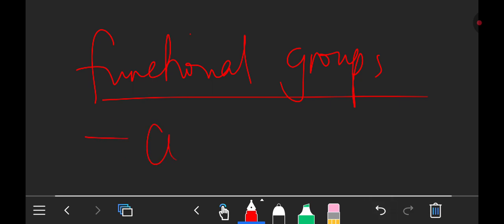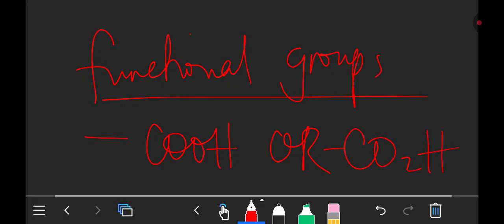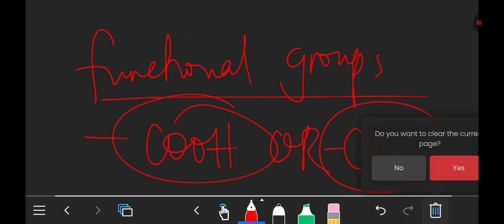It is just COOH. So this is the functional group. Or sometimes in other books you find that it is written like this, CO2H. It is just one and the same. So this and this, there is no difference. So this is what you need to understand.